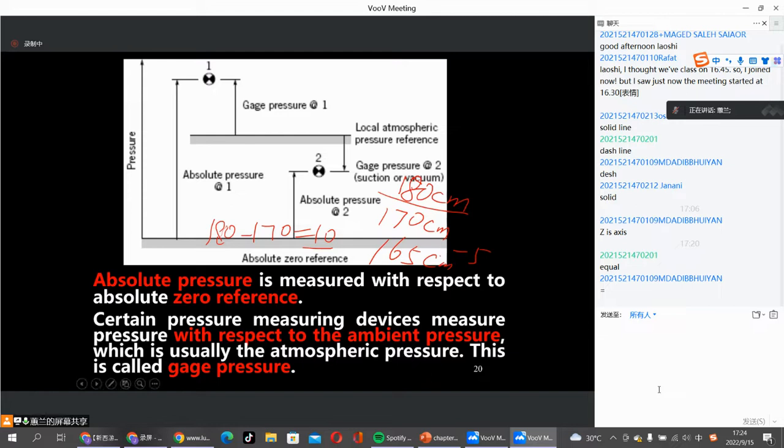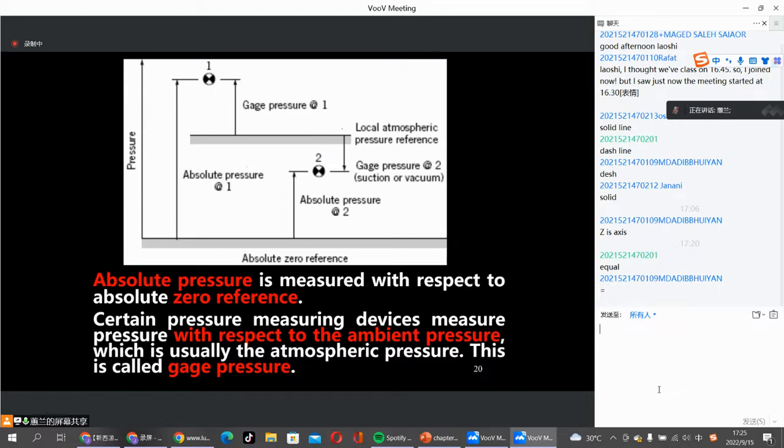He is shorter than the average height. So it could be minus, the pressure relative to the local atmospheric pressure, but we don't like it to be negative. So we use vacuum. We use vacuum to indicate the absolute pressure is lower than the local atmospheric pressure reference.